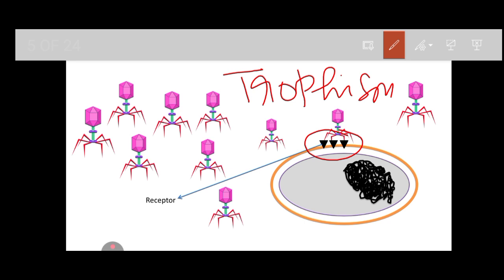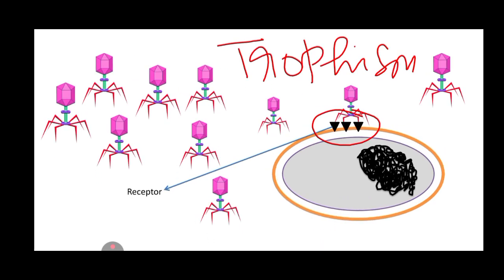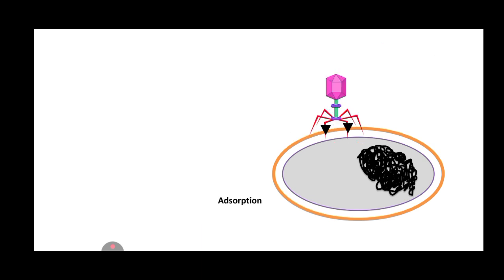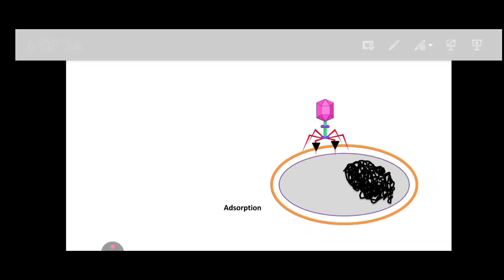So upon random collision, a virus can bind with the receptor so that it identifies its host correctly, right. Not all the viruses are adsorbing on the surface of the bacterial cell. So after binding with the receptor, now the binding is completely established by utilizing the receptor expressed by the bacterium on the surface.